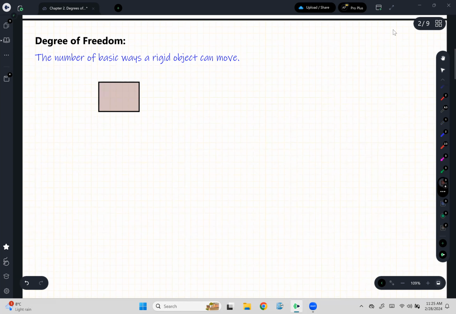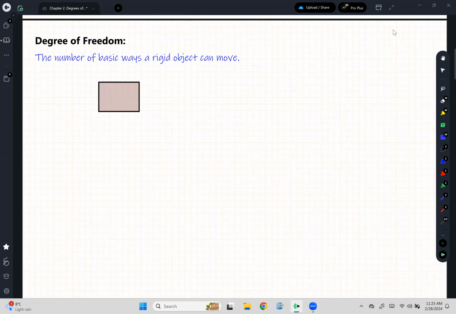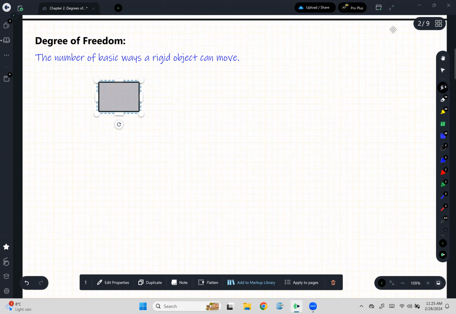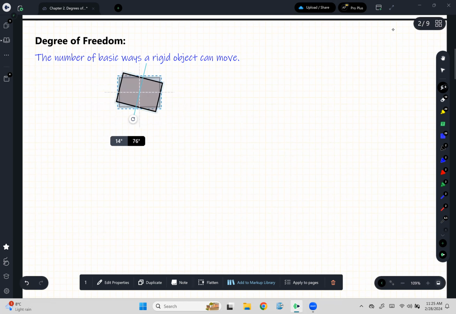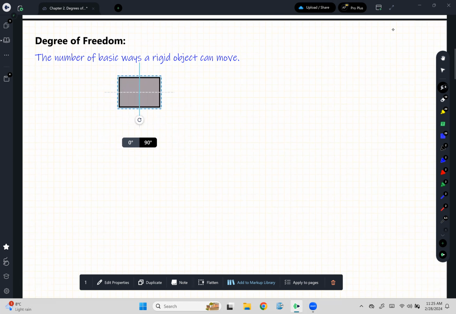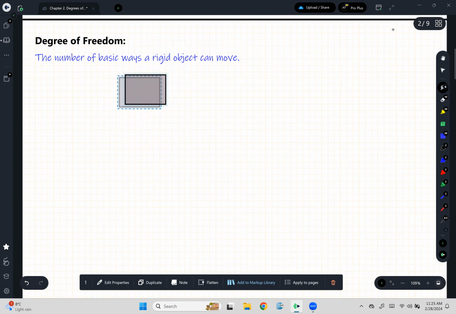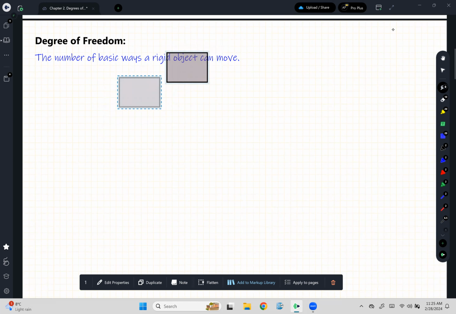If somebody asks you how many degrees of freedom this box has, most likely you would say it has 3 degrees of freedom because it can move left and right, up and down, and it can rotate, right?